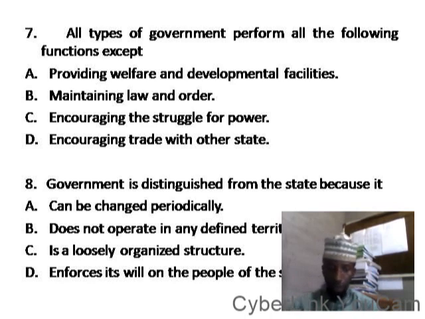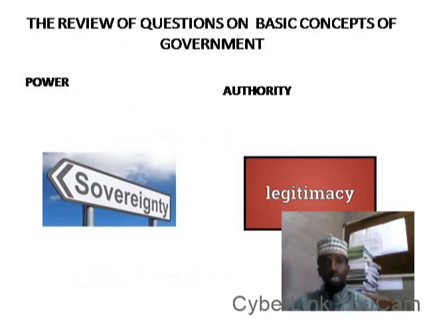The next chapter is the basic concepts of government, where we are going to look at 4 concepts as you are looking at them on the screen. We have power, authority, legitimacy, and sovereignty. Briefly, let me give you the meaning of the 4 concepts.